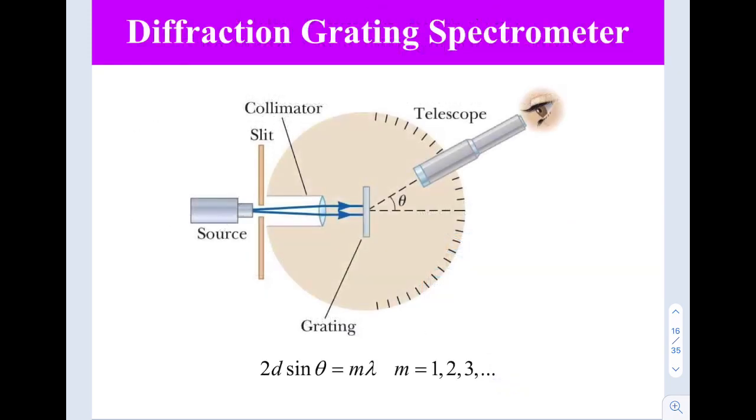Application of diffraction grating. This is one of the applications, which is diffraction grating spectrometer. The spectrometer is a useful tool in atomic spectroscopy, in which the light from an atom is analyzed to find the wavelength components. These wavelength components can be used to identify the atom.